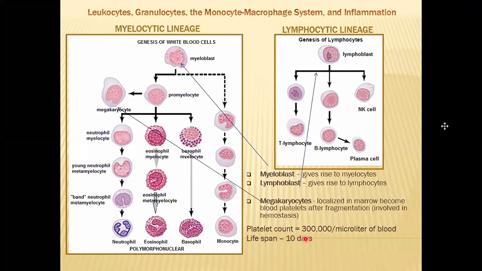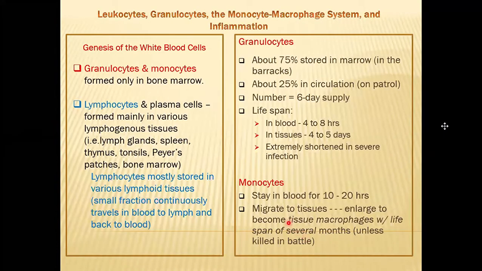That's the rationale. Okay. So granulocytes and monocytes are formed in the bone marrow, while the lymphocytes and the plasma cells are formed mainly in the various lymphogenous tissues. What are the examples of lymphogenous tissues? The lymph glands, the spleen, thymus, the tonsils, the Peyer's patches in the intestine, and then the bone marrow.